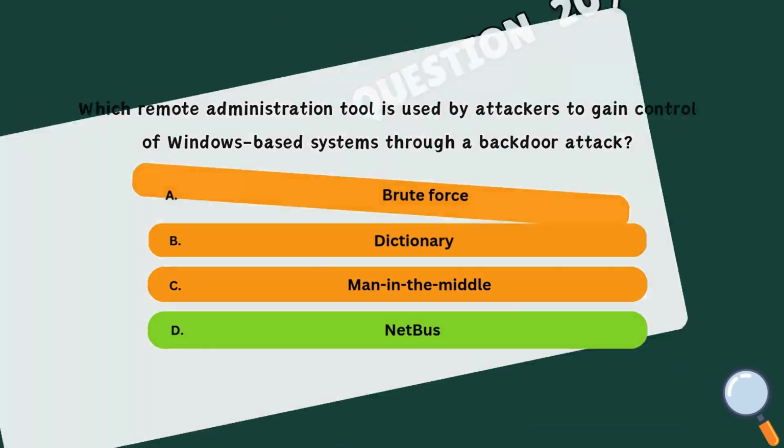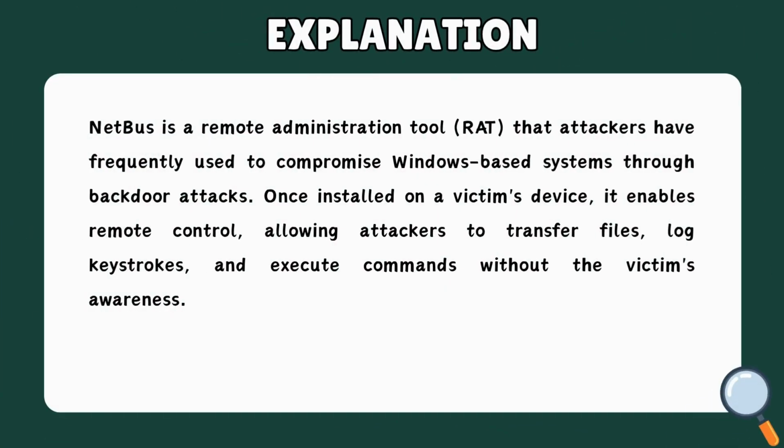D. NetBus. NetBus is a remote administration tool that attackers have frequently used to compromise Windows-based systems through backdoor attacks. Once installed on a victim's device, it enables remote control, allowing attackers to transfer files, log keystrokes, and execute commands without the victim's awareness.